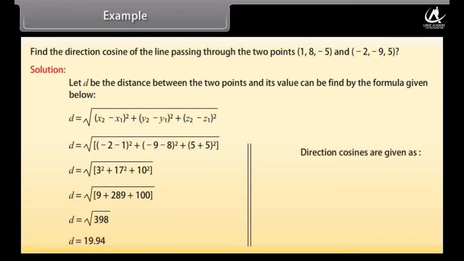Direction cosines are given as L equals -3 by 19.94, M equals -17 by 19.94, N equals 10 by 19.94.